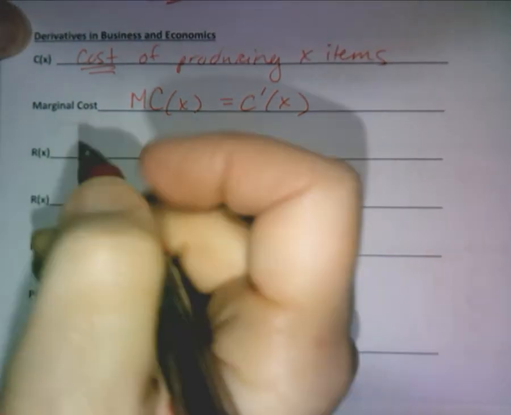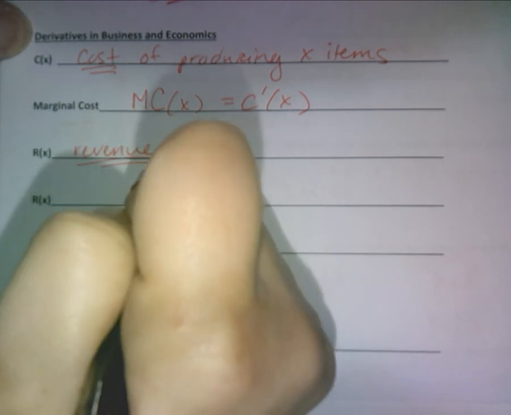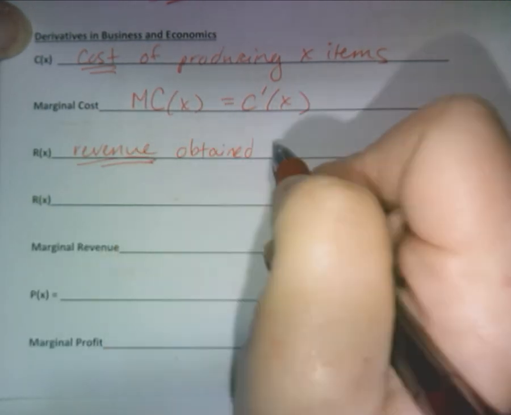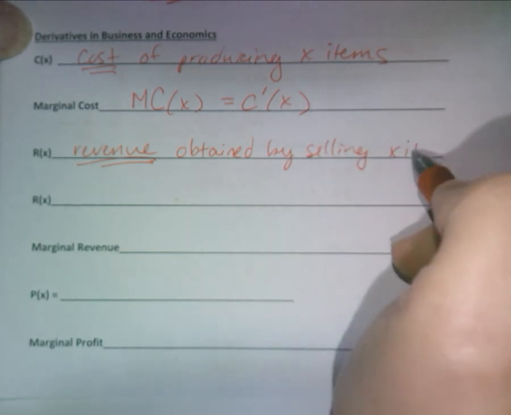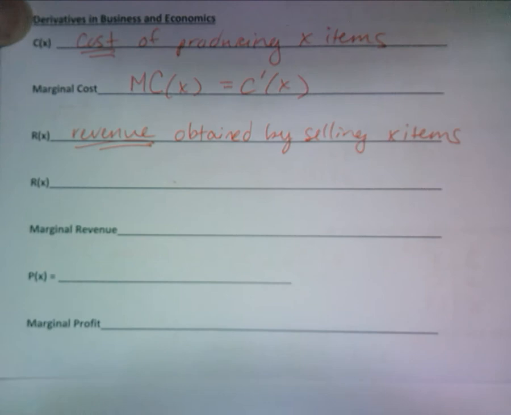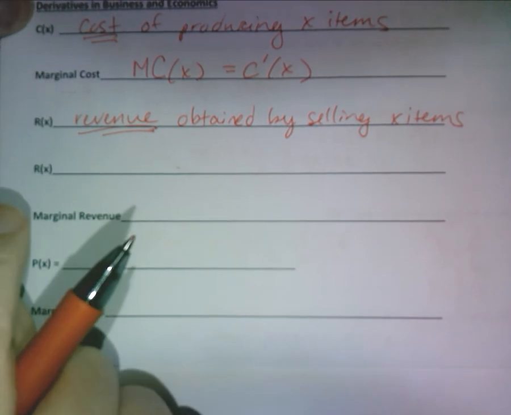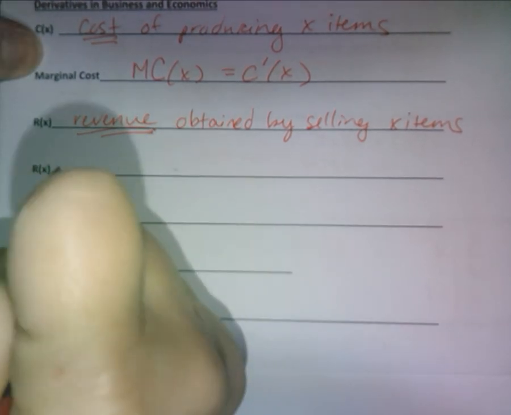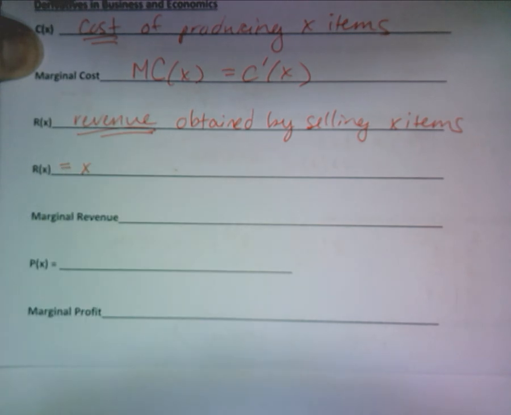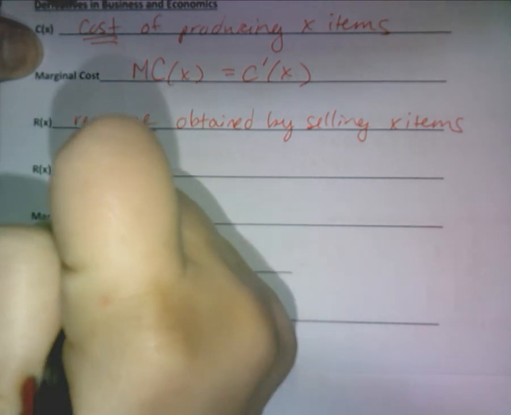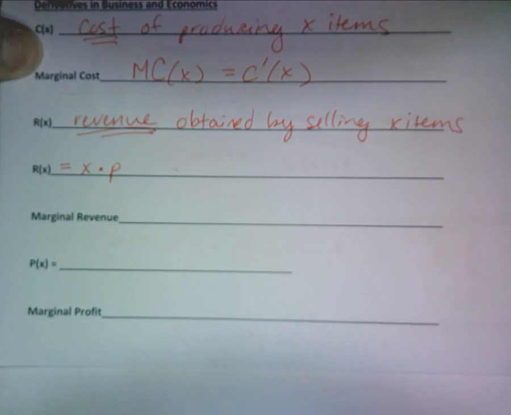R of X stands for revenue obtained by selling X items. Now, there is a formula for finding revenue. Revenue is equal to the number of items you sell, X, times the price per item.